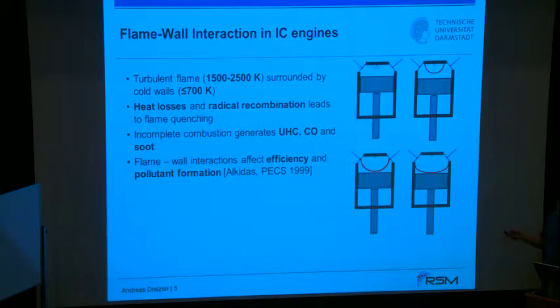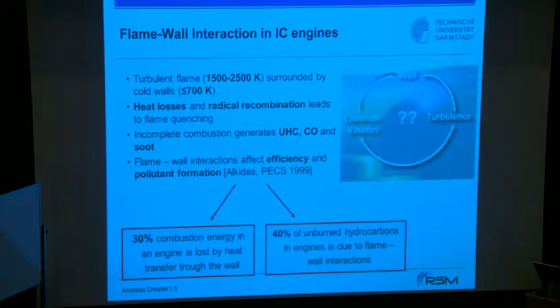We have measured that with thermographic phosphors. We know they are below 700 K. So you have here up to 2,000 or nearly 2,000 K difference. Which means in addition to the heat losses, you have radical recombination reactions leading to flame quenching, incomplete combustion, and as well, in addition to the pollutant formation, that heat losses are severe, causing losses in engine efficiency.